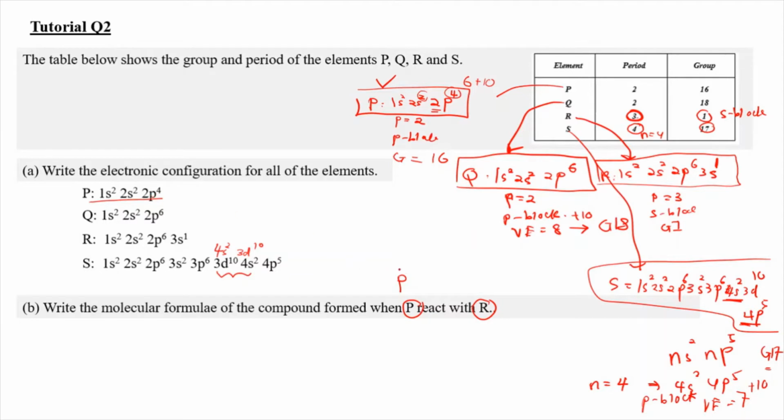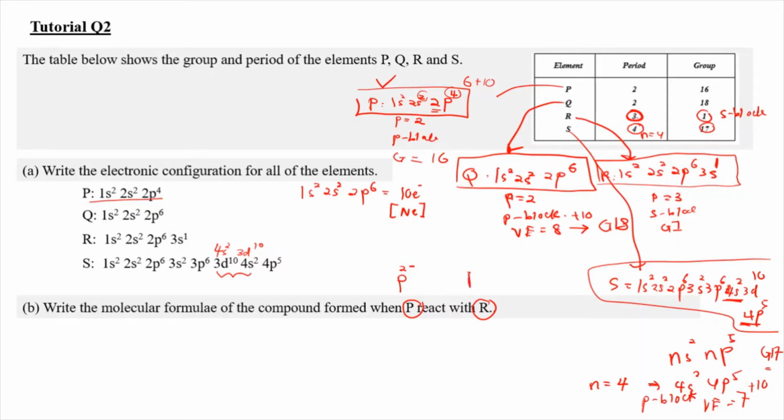Okay, so it's going to receive 2 electrons. So it's going to be P2 minus. Okay, because when it goes to 1s2, 2s2, 2p6, it's going to have 10 electrons. And this 10 electrons here refers to the noble gas configuration, which is neon. And for that reason, the P element here needs to receive 2 electrons.